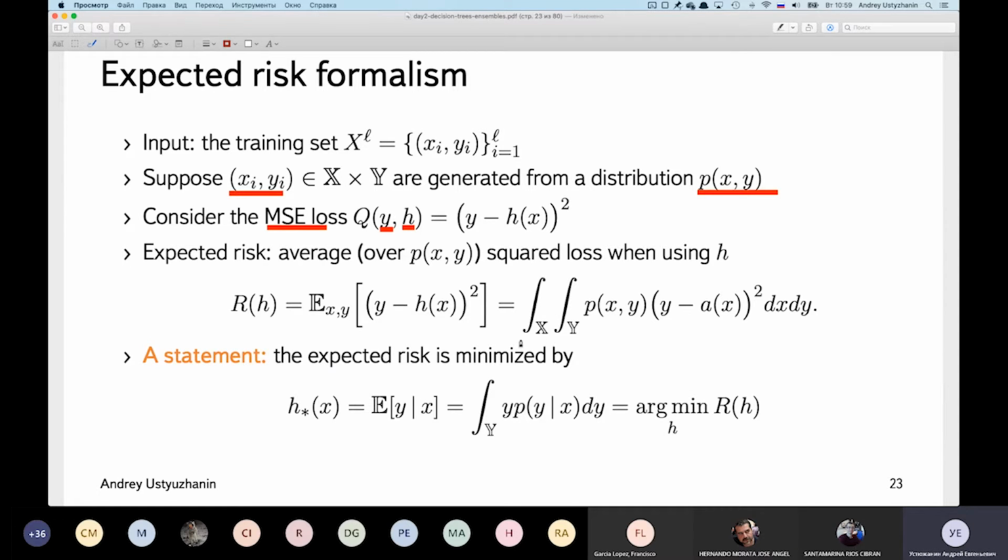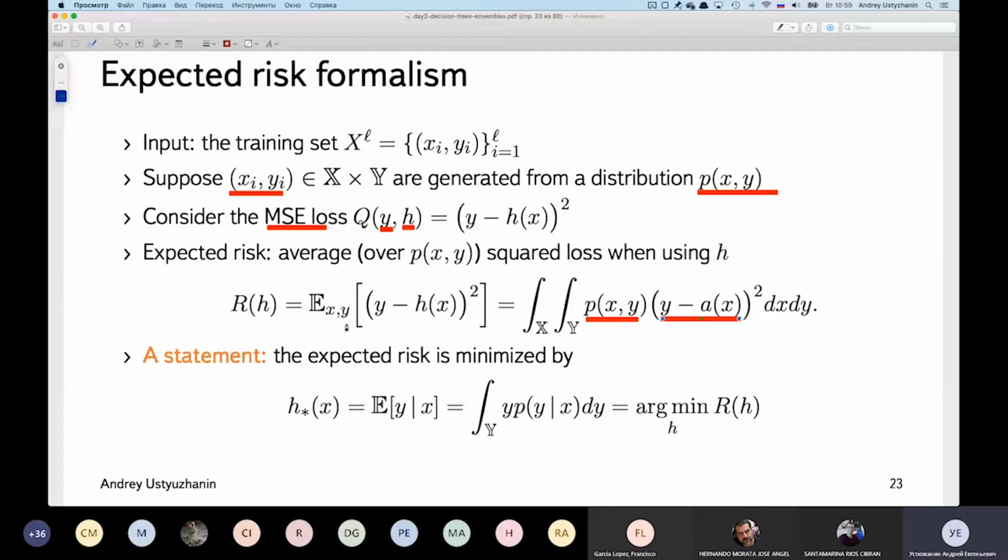that we draw from a true distribution. So it is an integral over p multiplied by the error, over all dimensions of our space. So it is an expected risk. It is how nicely our algorithm behaves on all possible samples that we can get from reality.